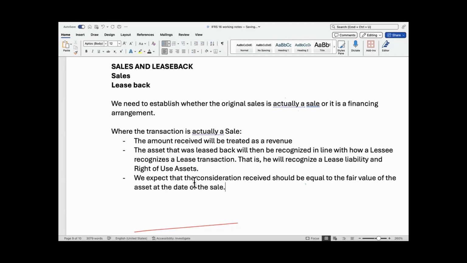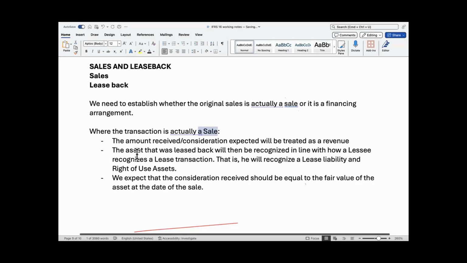So what we are saying here is this. We said the transaction is a sale, and we have recognized the consideration received or expected, the money we're expecting. We recognize it as revenue because we said it's a sale.